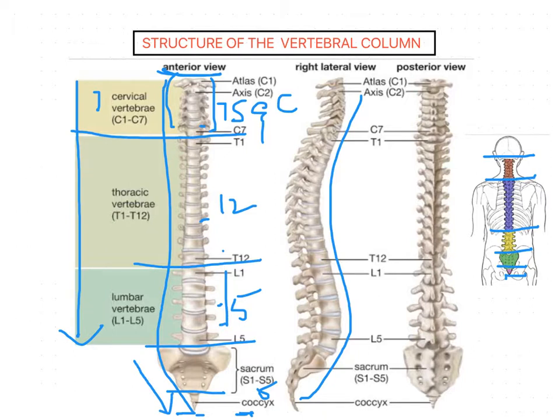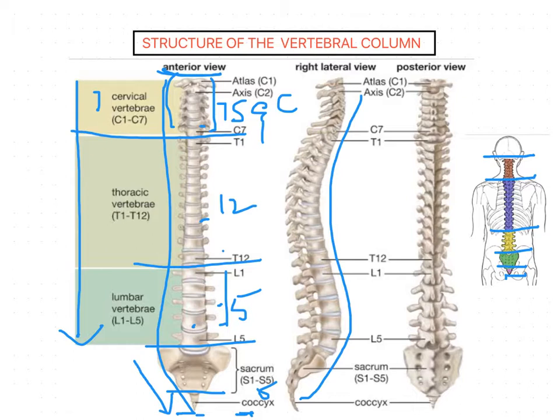Only this one. So the size of the body is greater compared to the cervical and thoracic. Each and every region has some particular functions which are different from other regions. For that reason, the size and the number of vertebrae are different.